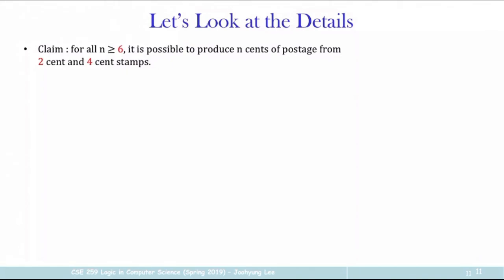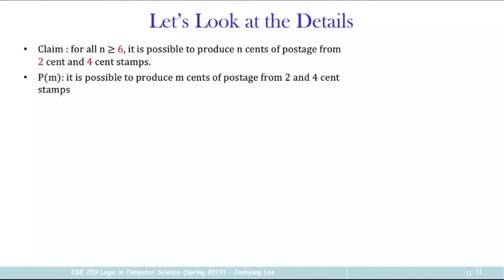Something that I asked you to do as a hint when we started, when we reviewed the induction, was to try to instantiate this argument. Don't take m or m minus 1 as granted. Try to write the instances of those m, and let's see how it goes. So this was the claim. The first thing you have to do is identify the mathematical sentence that you want to prove, that is, P of m.